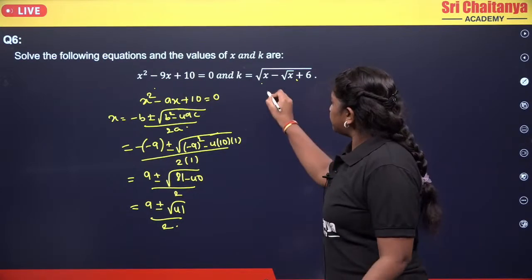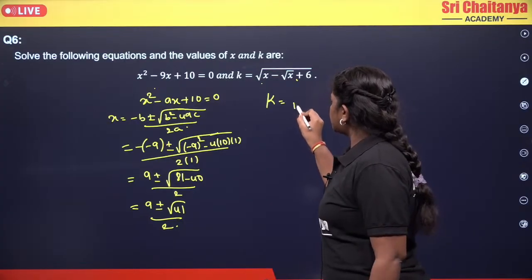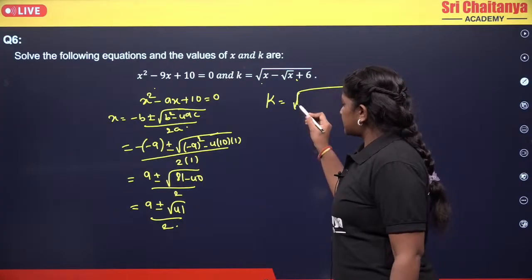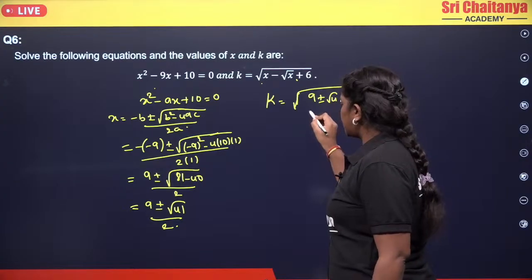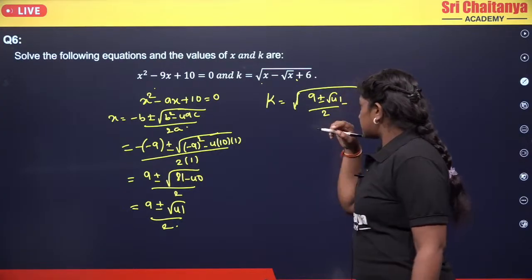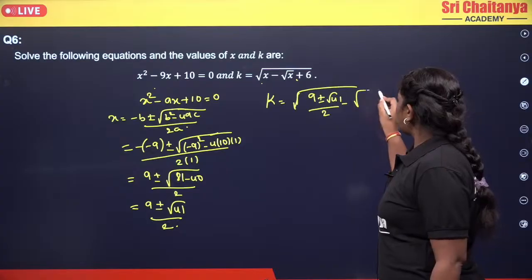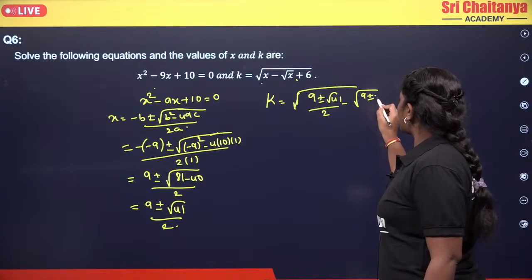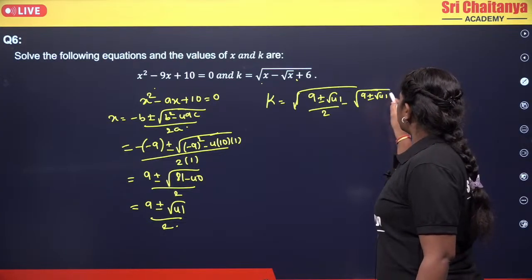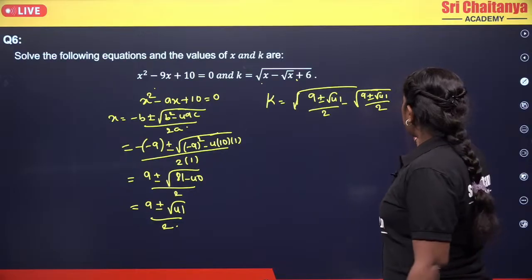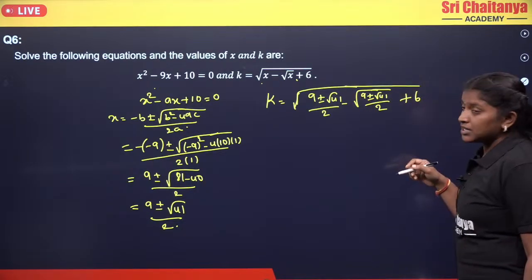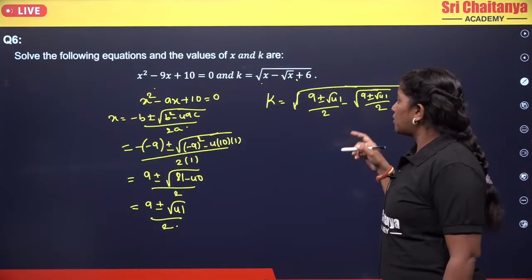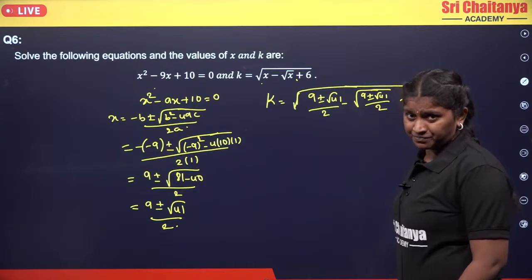So for that reason, now coming to here, k is the root of x, where x value is 9 plus or minus root 41 by 2, minus once again root of 9 plus or minus root 41 by 2, okay, plus 6. Now we need to simplify this in order to get our k value. So how can we simplify it?